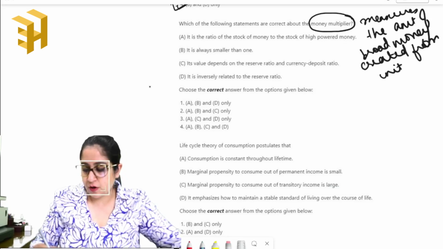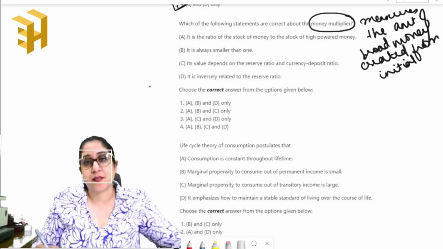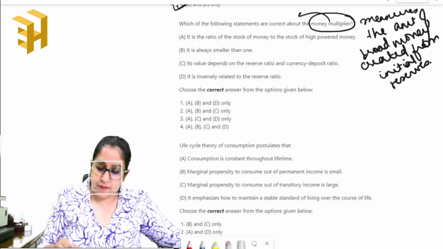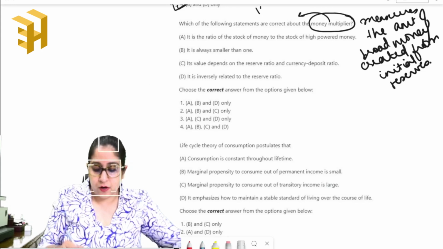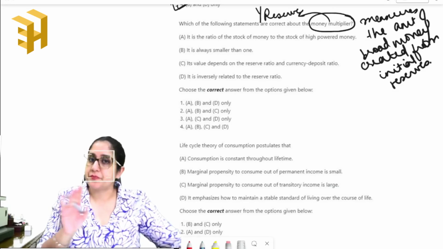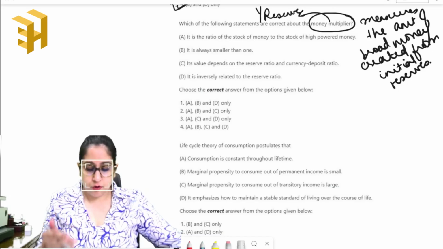Right? This is what your money multiplier basically measures. Okay, and this money multiplier is the inverse of your reserve ratio. Right? The higher the reserves, the lower is the money multiplier. That's it. Okay, so let's go through the statements.